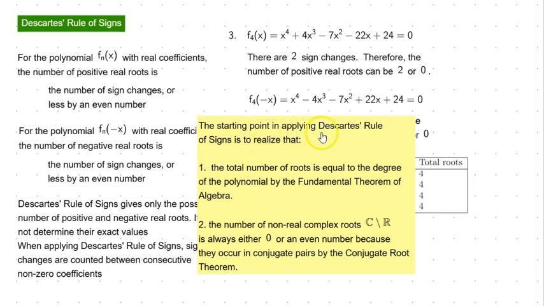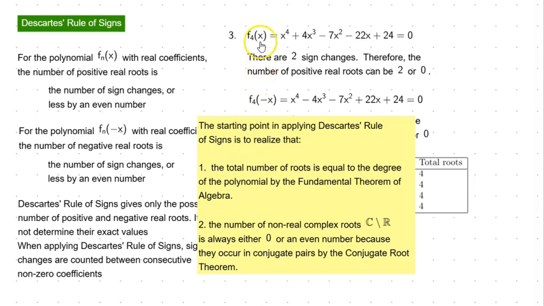Now, the starting point in applying Descartes' rule of signs is to realize that the total number of roots is equal to the degree of the polynomial by the fundamental theorem of algebra. So, you already know how many roots are going to be there. The number of non-real complex roots is always either 0 or an even number, because they occur in conjugate pairs by the conjugate root theorem.